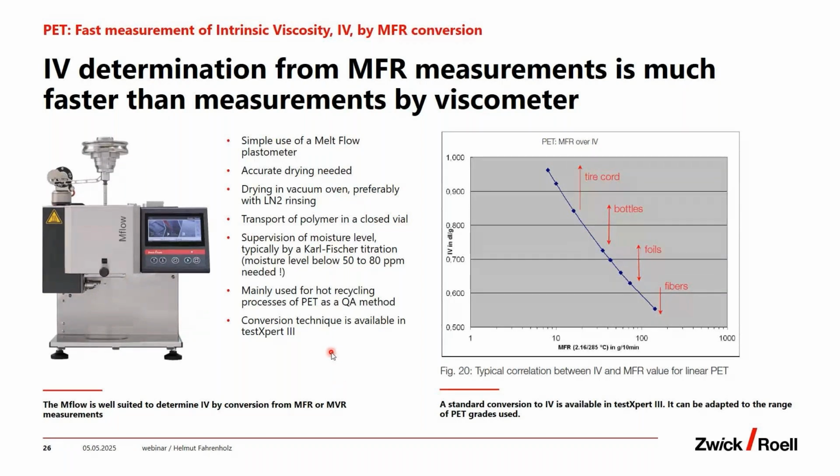So you really have to be very careful about the moisture. But if you manage the moisture, you can measure quite constant and reliable melt flow rates. So you have an idea about what is the level of degradation you had, for example, in a recycling process.